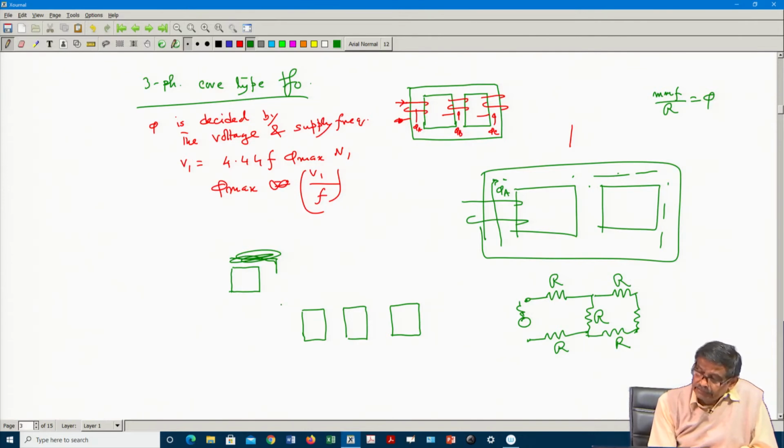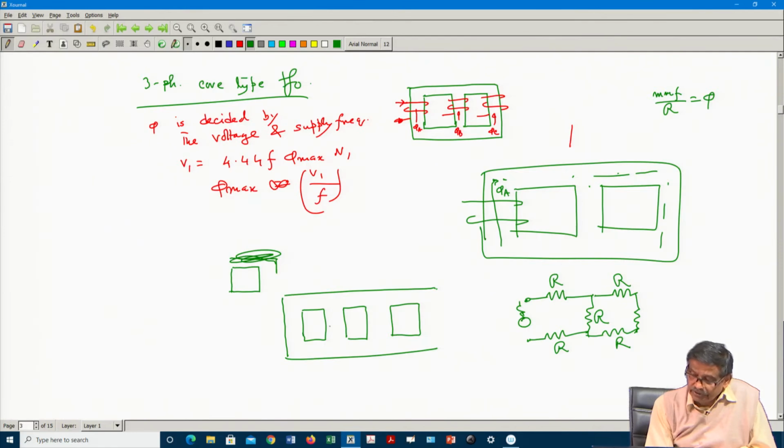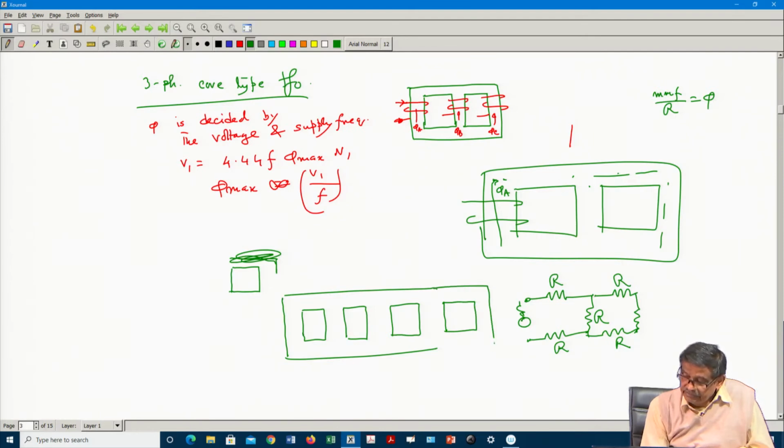And this is the thing, and here is the thing. How many limbs? 1, 2, 3, 4, 5 limbs you just connect.